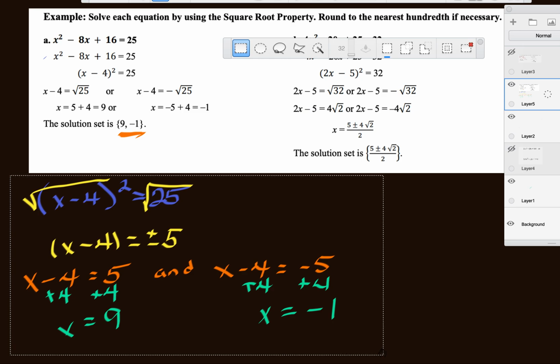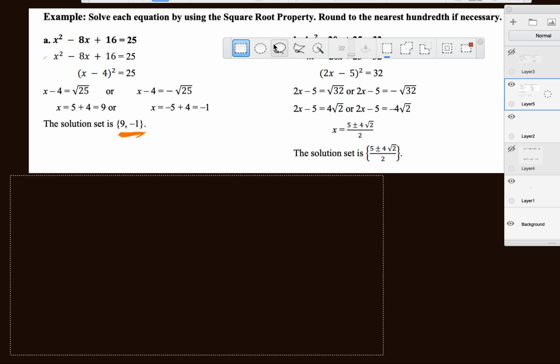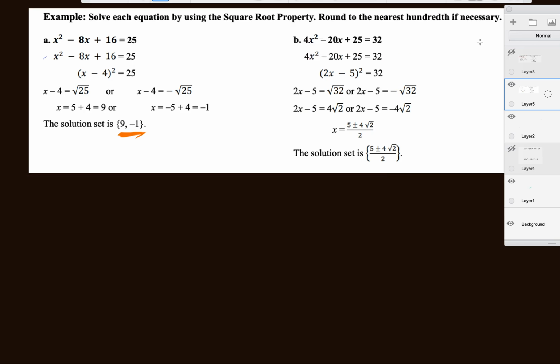You guys hate having coefficients, but I'm going to tell you a secret. If you just look, they're still both perfect squares, right? Because 4 is a perfect square, x squared is a perfect square, and 25 is a perfect square. So we know that this is going to work out.